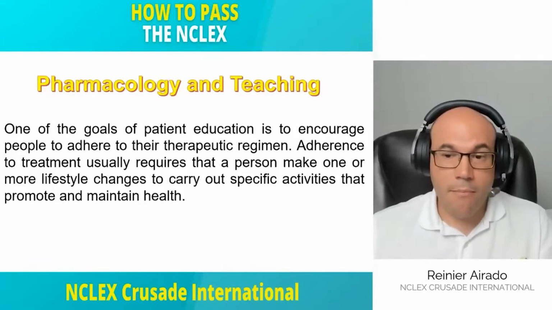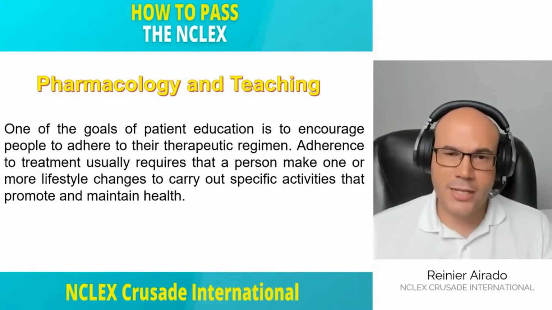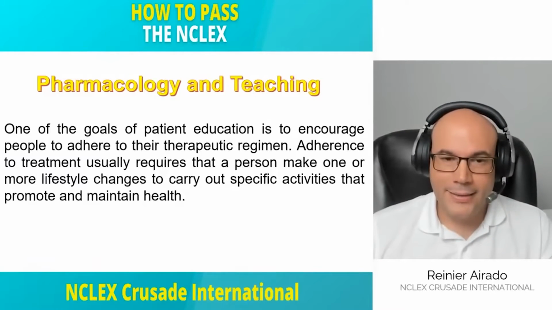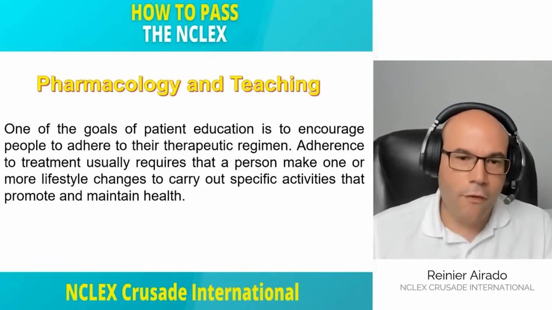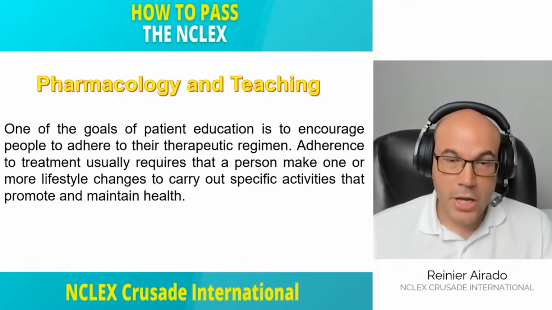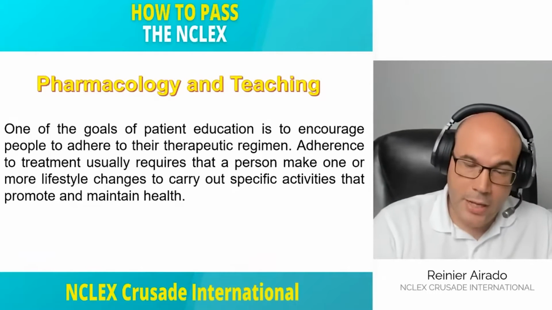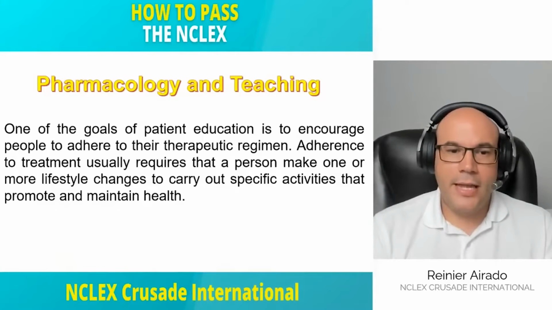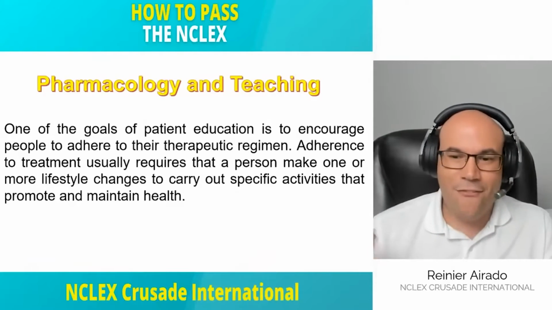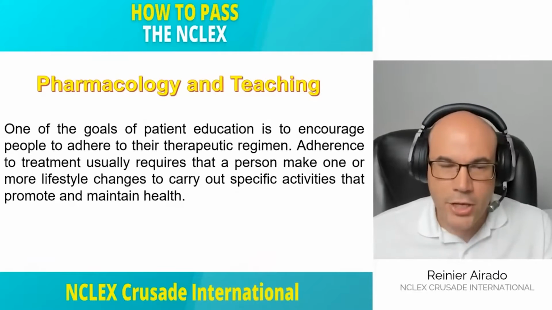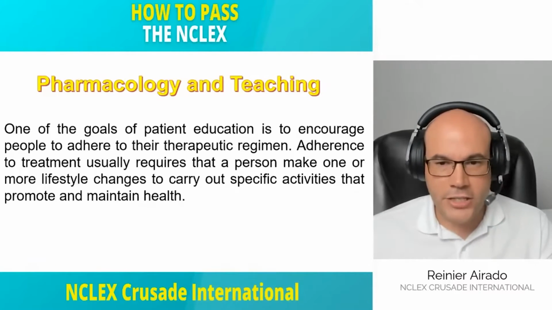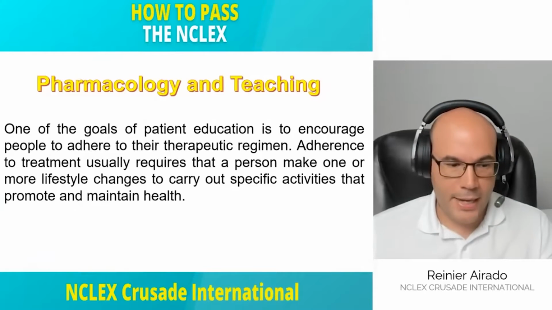And there are some medications that, if the patient doesn't take it exactly as it is prescribed, it is going to affect the therapeutic range of the medication. The medication is not going to fall within the therapeutic range. It could be either subtherapeutic or at a toxicity level. So a lot of the questions on the NCLEX deal with asking questions and validating whether the patient is following the regimen or the exact physician order for that specific medication.